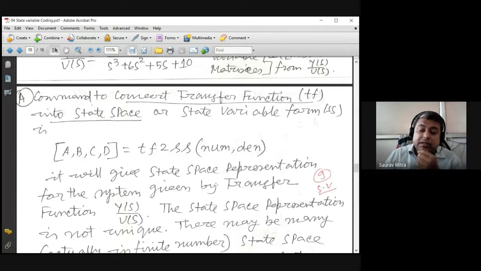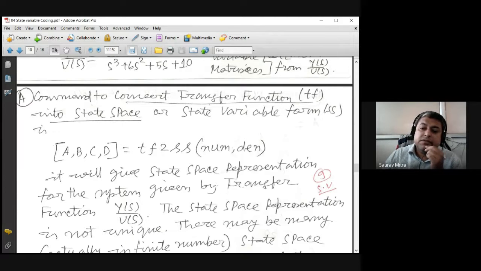As soon as you find the transfer function, the second job is to convert that into companion form. How to do that? 2 or 3 numericals we have solved. So from differential equation to transfer function, from transfer function to companion form. After you find the companion form, for every integrator you have to find the equation.